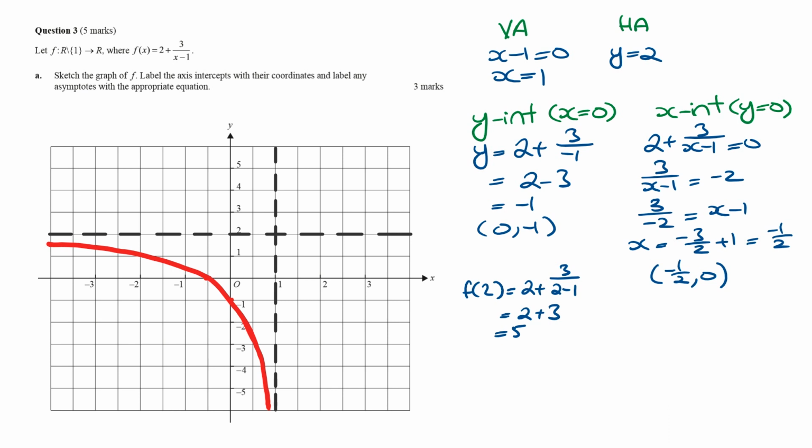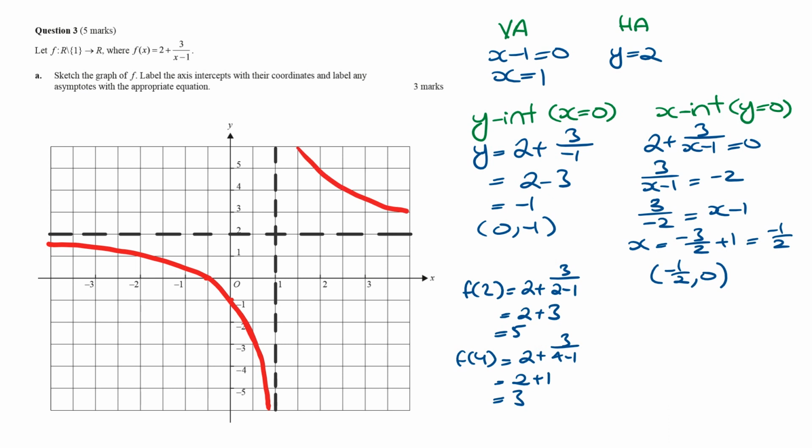And so when x is equal to 2, y is equal to 5. f of 4 is going to be 2 plus 3 on 4 minus 1, which is 2 plus 1, and that equals to 3. And so when x is equal to 4, y is equal to 3. And so the graph will look something like this.